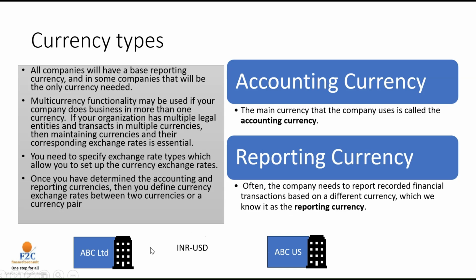So my reports will be in two currencies, one in INR and another in USD. That will be used for consolidation purposes, where your parent company will publish those reports. Just try to understand the reason we have two types of currency. Since ABC Limited of India has to publish the report in USD, we need to have both currencies.